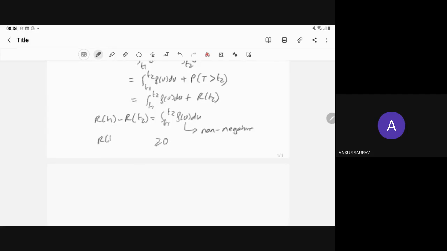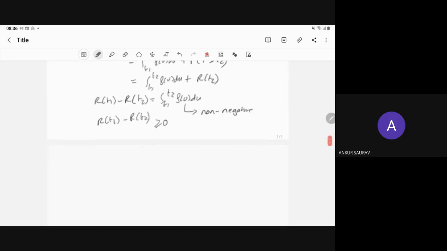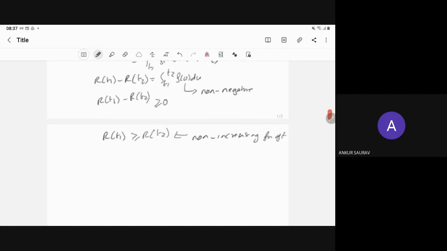So this will give you R(t1) minus R(t2) greater than or equal to 0. This implies R(t1) is greater than or equal to R(t2). So this implies R(t) is a non-increasing function of t.